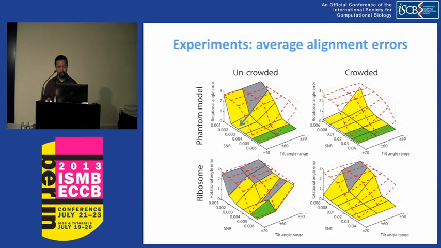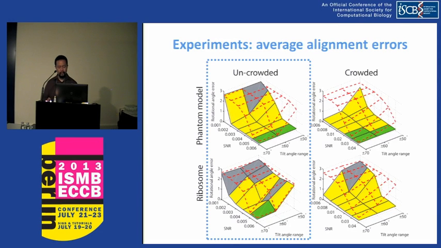The yellow region corresponds to the levels where our new method can achieve accurate alignment while our old method failed. In the uncrowded subtomograms, we are already able to achieve better alignment accuracy than our previous fast alignment method at high distortion levels.